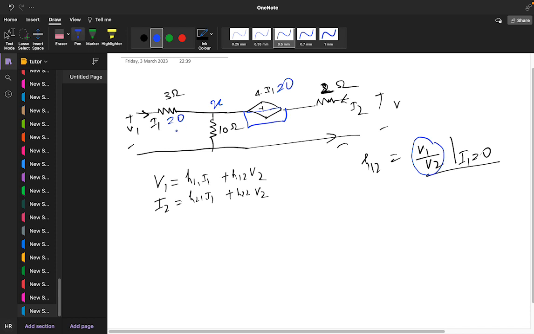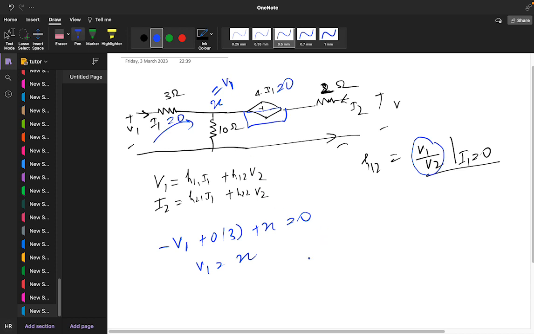Take X node here, and if it is 0 like this, and you apply the KVL, what will you get? Minus V1 plus 0 into 3 plus X is equal to 0. So V1 is X. So this X is representing your V1 only.